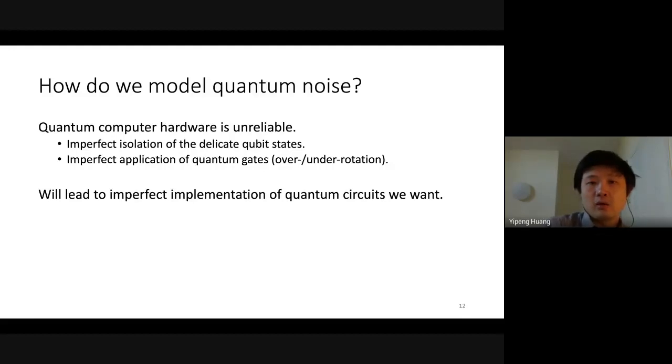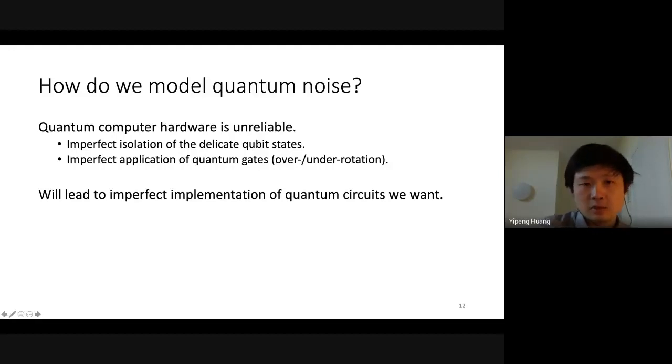And the whole environment, so the laboratory environment, heat, any stray particles in the vacuum, all of these environmental factors are constantly trying to bombard your delicate qubit state, and that's going to disturb the computation, the fidelity. So that's one aspect of the noise.